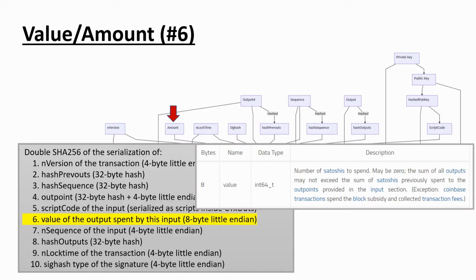And this information should be serialized as little endian, signed integer, 64 bits long. Now a quick side note, the difference between the input amount and the output amount goes to the miner as a miner fee. And that is something that is worth remembering when we are creating the output of the transaction. We will see it soon enough.